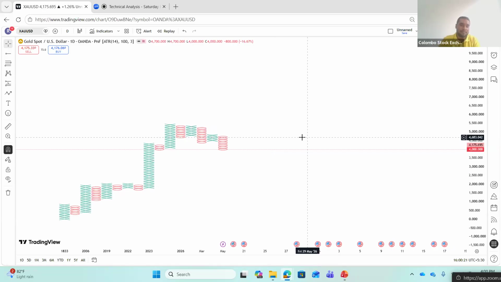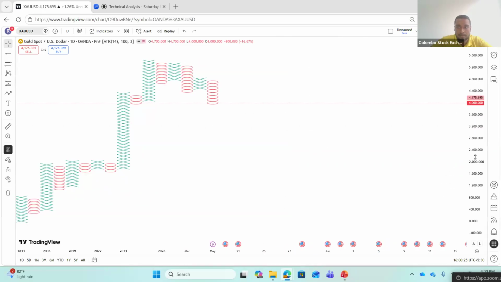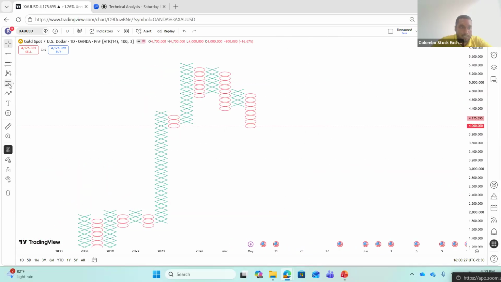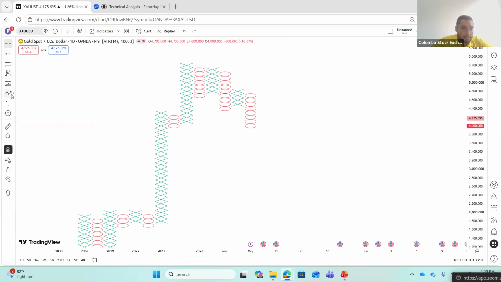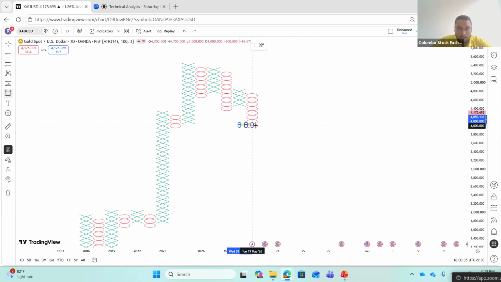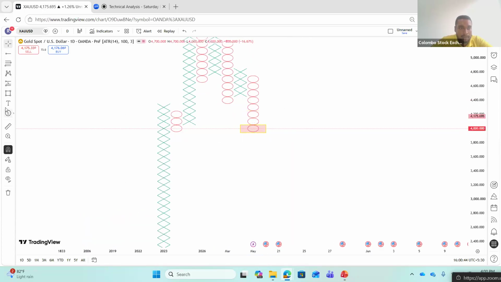stick to the time frame, right? So basically here there are boxes. So this is one box. Wait, I'll mark. So this is a box. And in a box there can be an X or an O, right? So these are boxes and these boxes are the same size.